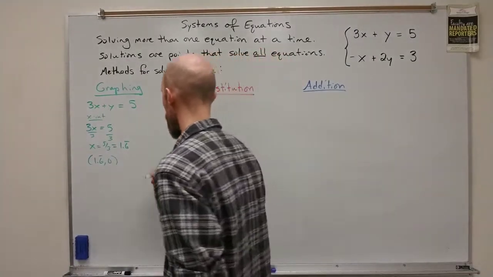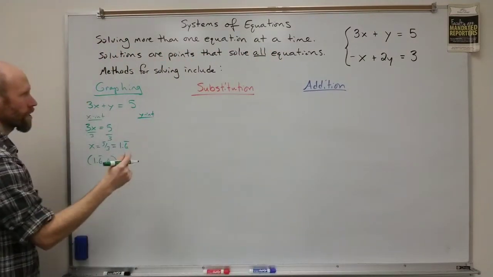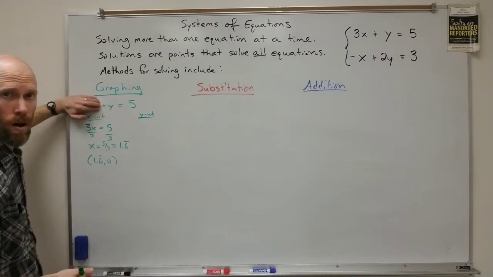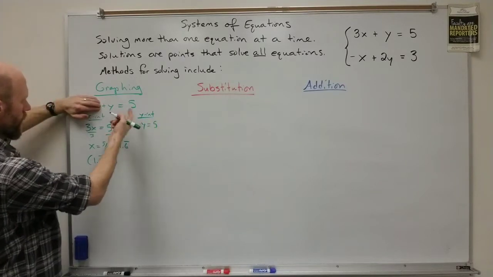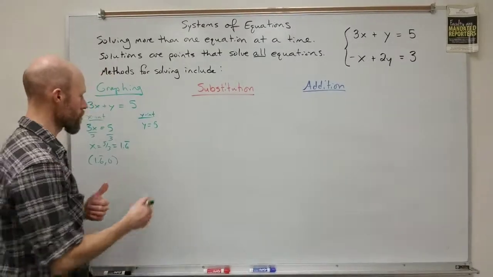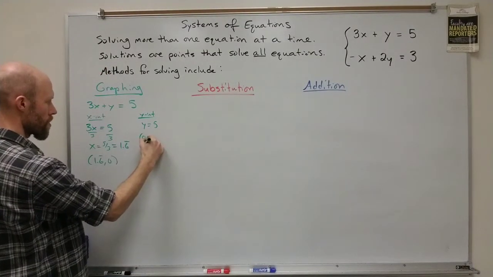If I want to look for the y-intercept on that one, I'm going to cover up the x term, because x is 0, 3 times 0 is 0, and I end up with just y = 5. Well, that's nice. I don't have to solve that, my coefficient's already 1. So if y is 5, then my y-intercept is (0, 5).